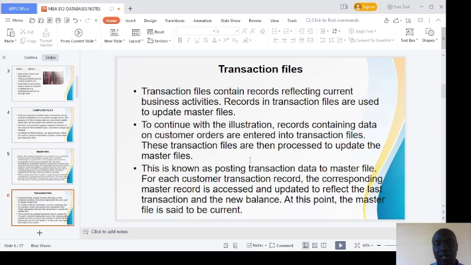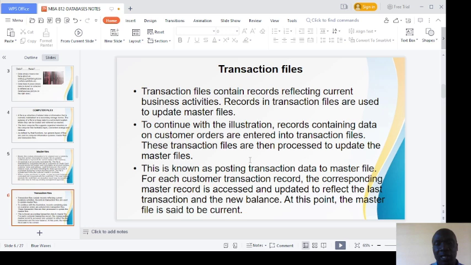Now let's look at how these files are organized. Files need to be properly arranged, properly organized, in order to facilitate easy access and, of course, easy retrieval of that information.